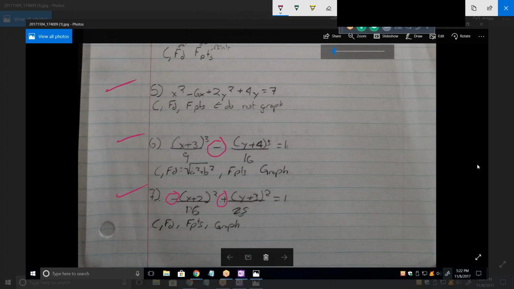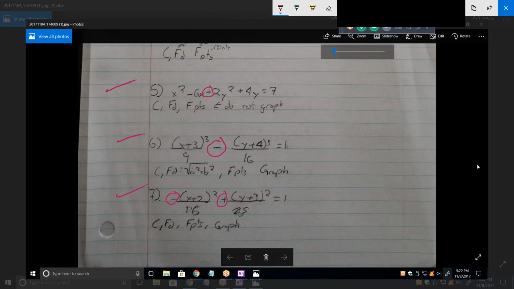It's not a hyperbola, I believe. Well, first of all, let's check if it's a circle. If it's a circle, the coefficients of the x squared and the y squared are the same, and they're being added. The y squared is being added to the x squared term.